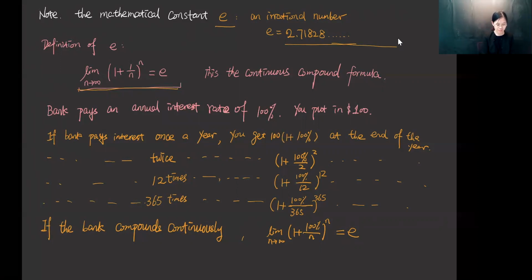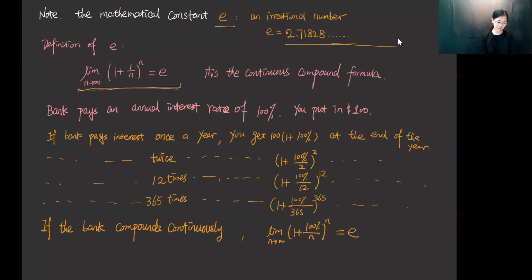But if the bank pays the interest twice a year, so the bank pays you an interest at 6 months, and then for the next 6 months you don't take out the interest, you keep the interest that the bank pays you in your account, and that interest again becomes your principal, and that also earns an interest for the next 6 months. So that's called compounding, right?